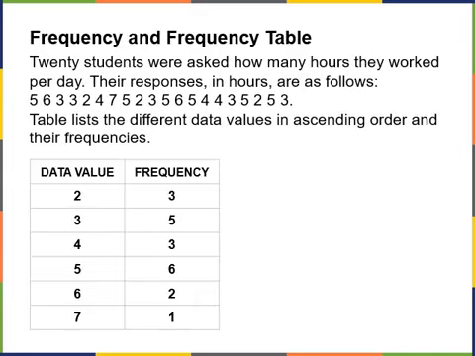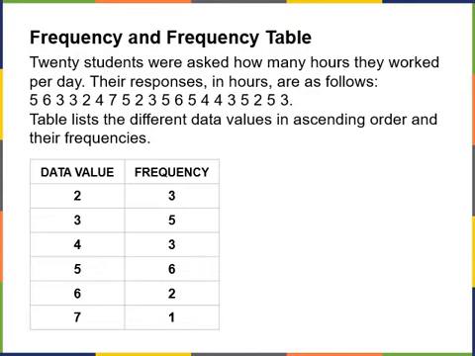Frequency and frequency table. 20 students were asked how many hours they worked per day. Their responses in hours are as follows, ranging between 2 hours and 7 hours. This table lists the different data values in ascending order and their frequencies.